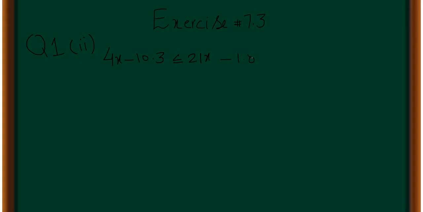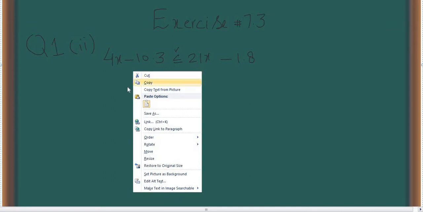Okay, now this is an inequality, because here there is a sign of less than and equal. So now here we have to find the value of x, or solve this inequality.